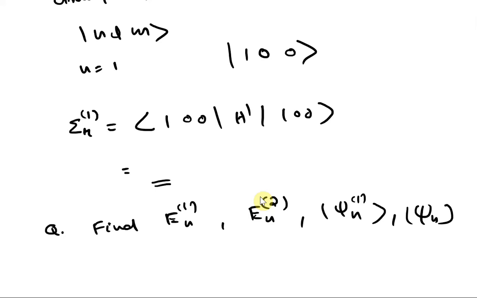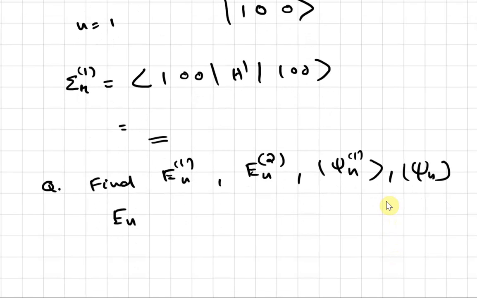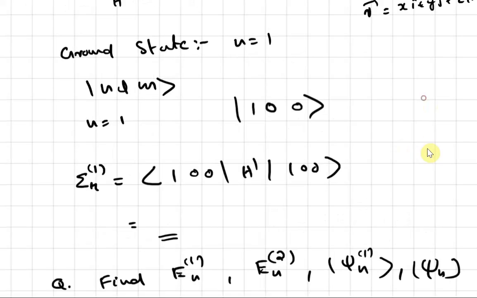In the same way you can write E n after the second order energy correction. So all these things you find out for this particular case. That is for the ground state.